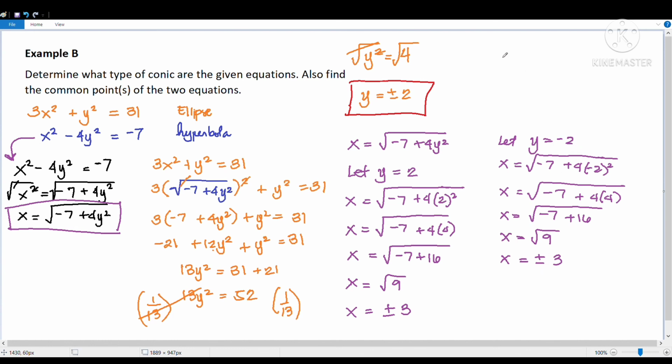Okay, so let's now segregate the different intersections or solutions of the system of nonlinear equations. For the value of x, which is positive 3, we have positive 2 and negative 2. So point 1 will be positive 3 and 2. And then point 2 will be negative 3 and positive 2.